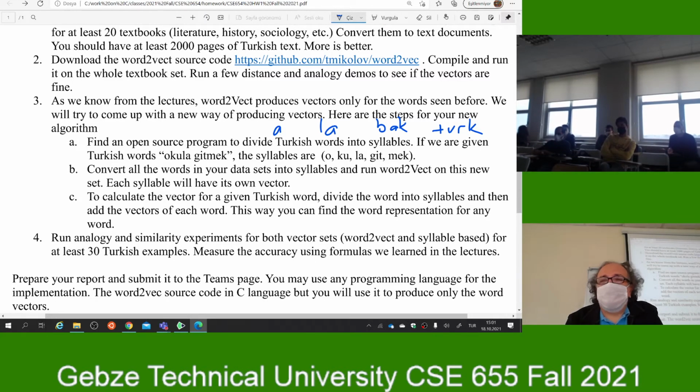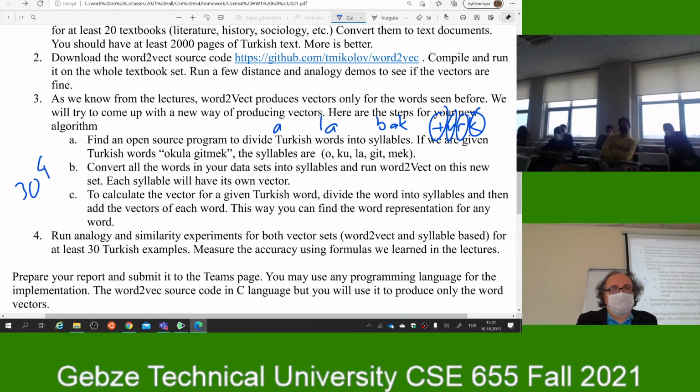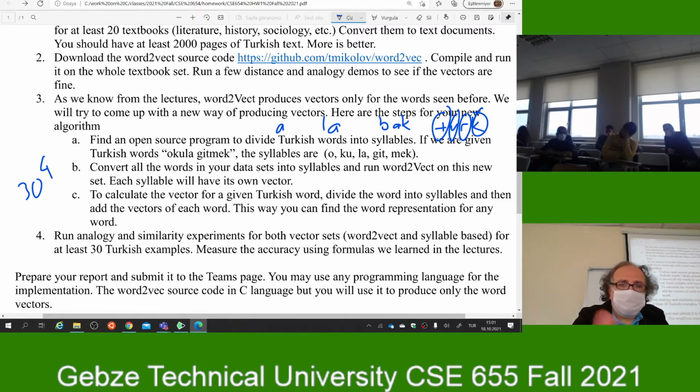It is not much. So all I'm saying is that we are talking about at most, even if you take all the vowels and consonants, 30 times 30 times 30 times 30, 30 to the power 4, even if you have it for all the 4-letter syllables, but this is an exaggeration. Let's say 30 to the power 3.